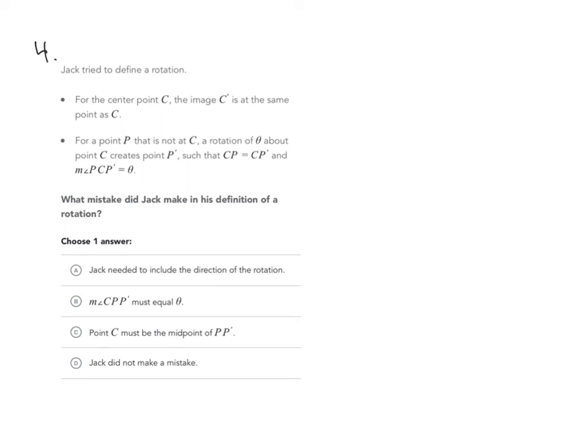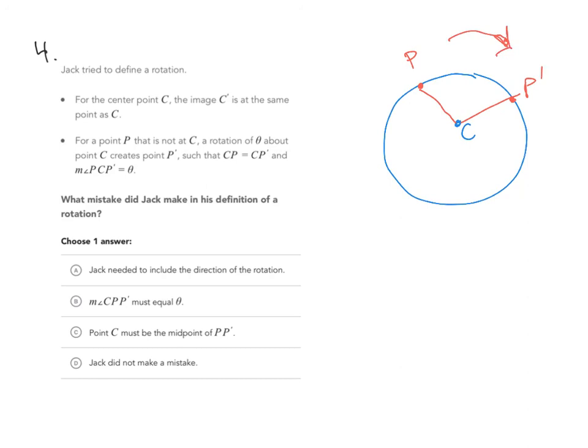So we have to think, is it important to know whether we should have rotated clockwise or counterclockwise? And that answer would be yes, it is important. I could have the center point C here and a circle. We'll pretend like that's a perfect circle. It's clearly not. And if I had a point P here and move to P prime, this right here is a clockwise rotation.